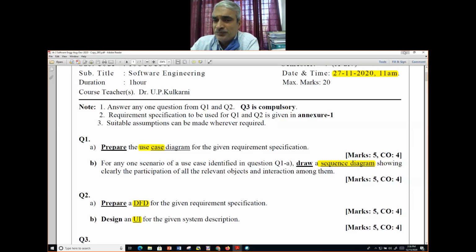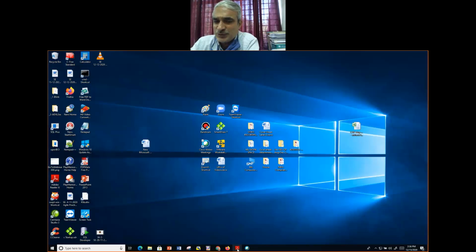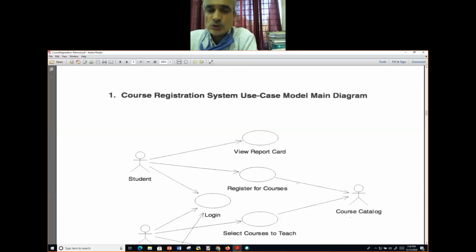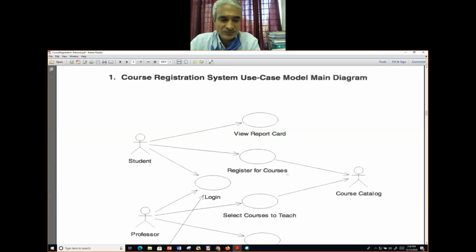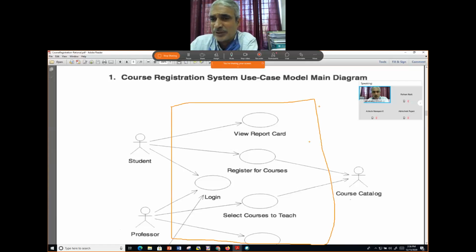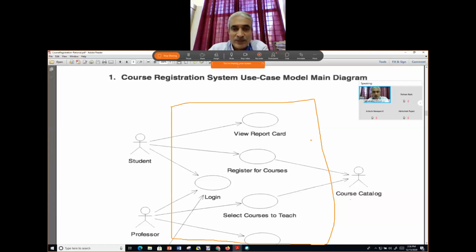Now let's look into one of the examples which we referred to during the study. When you write a use case, please look into that. You will put the boundary like this, a rectangle or a square, whatever you see. Everything inside are the use cases which you are going to build.